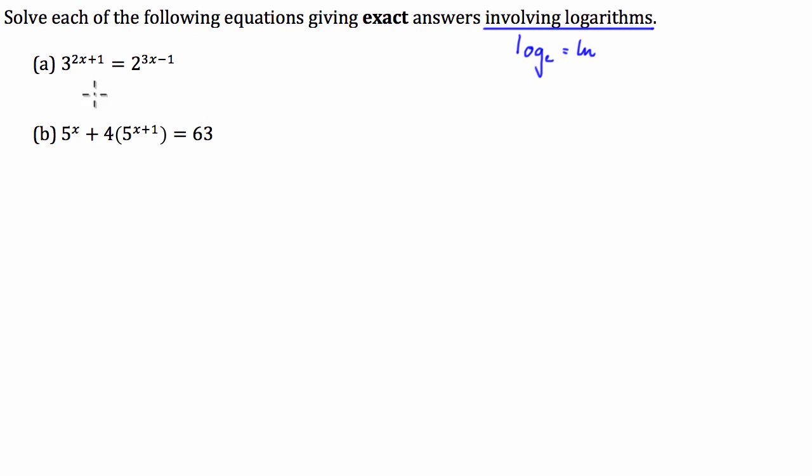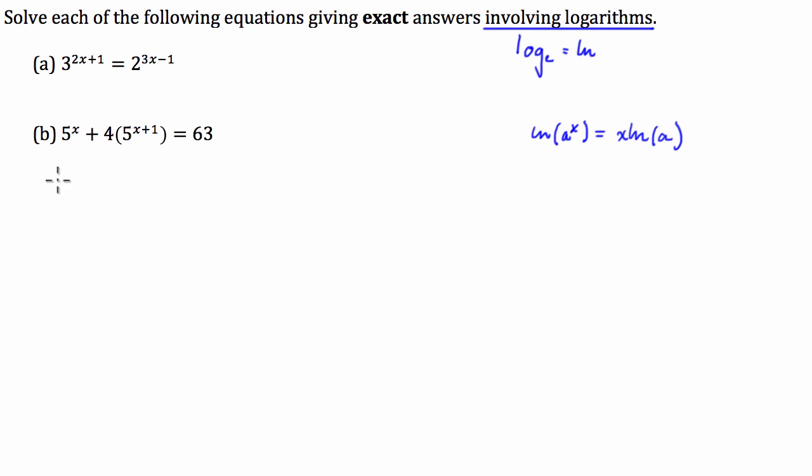Now, when you've got nice, simple looking equations like this, the easiest thing to do to start with is to take advantage of this law here, where you have ln of a to the x is equal to x times the ln of a. So you can get the power and you can move it to be the coefficient. So in these ones, the powers are 2x plus 1 and 3x minus 1.